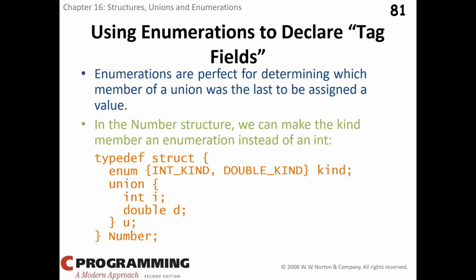By using an enumeration for the kind member, we provide clarity and improve readability in our code. Now when accessing or manipulating data within the union, we can rely on the enumeration to ascertain the type of the data that we stored.